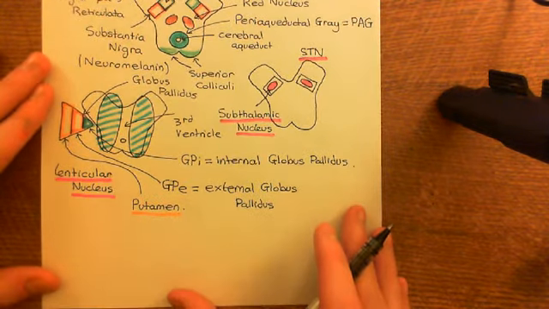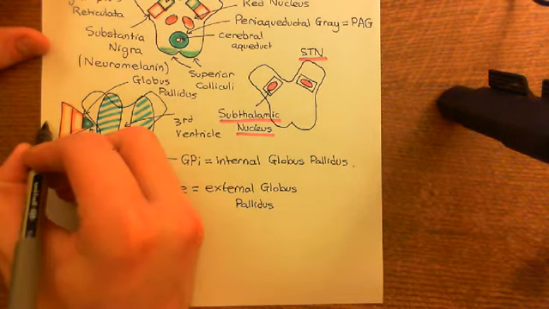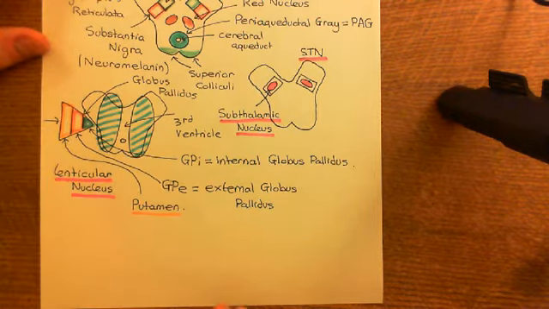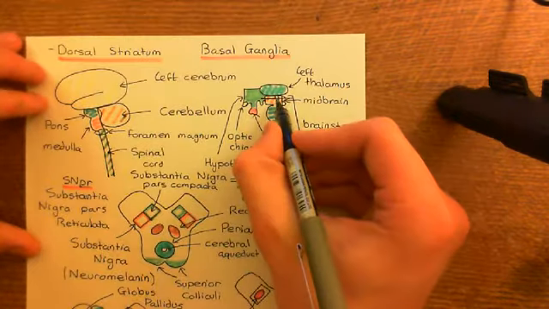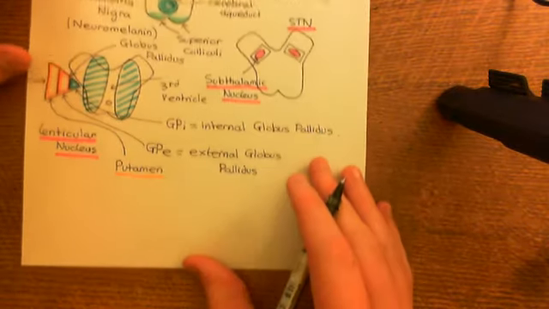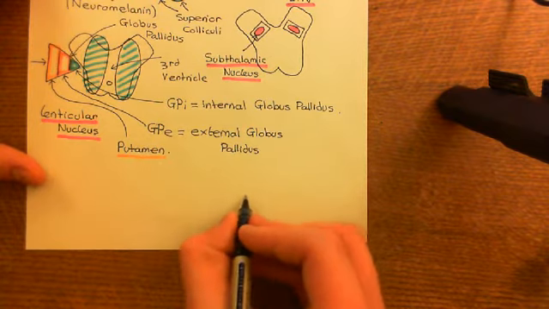Now to see the other portion of the dorsal striatum, we're going to have to look at this picture from another angle. So we're going to go back to looking at it from the left-hand side. So I will draw this here.